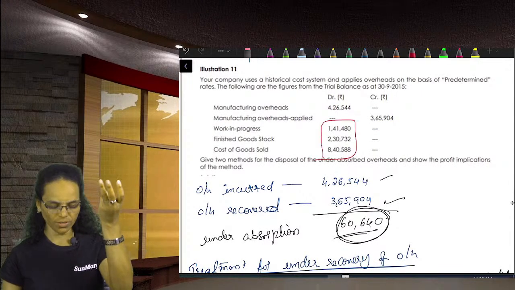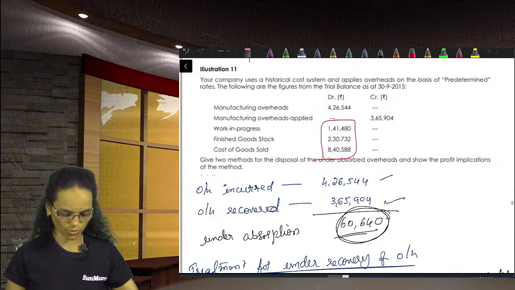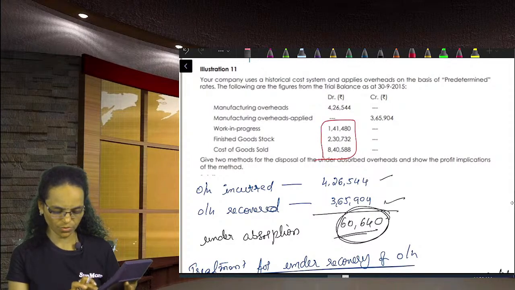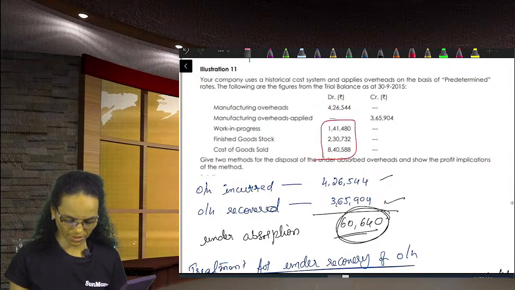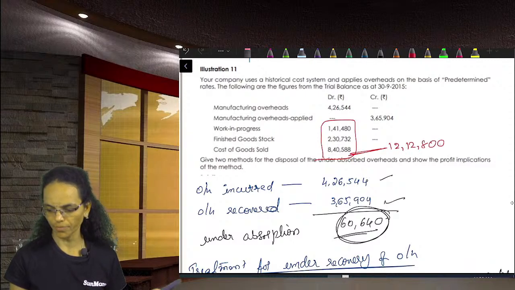What is the work in progress, the finished goods and cost of goods sold? 1,41,480 plus 2,30,732 plus 8,40,588. Total, I am writing here, 12,12,800 rupees.